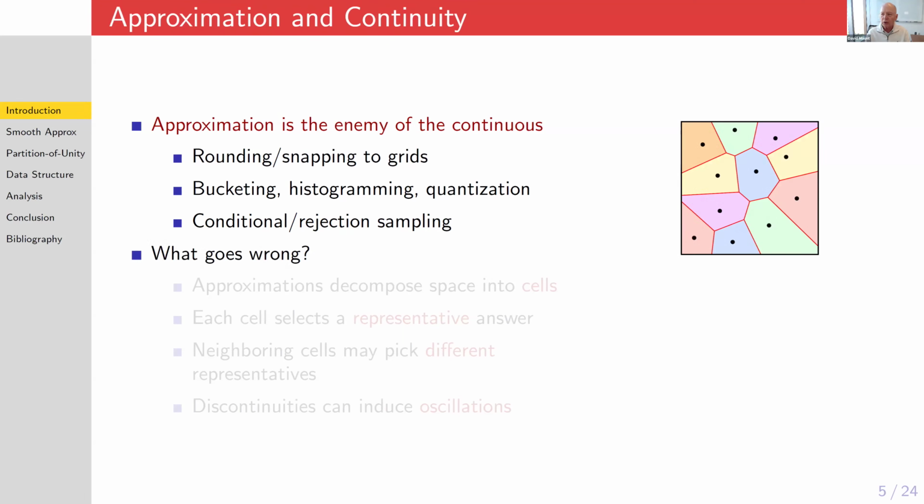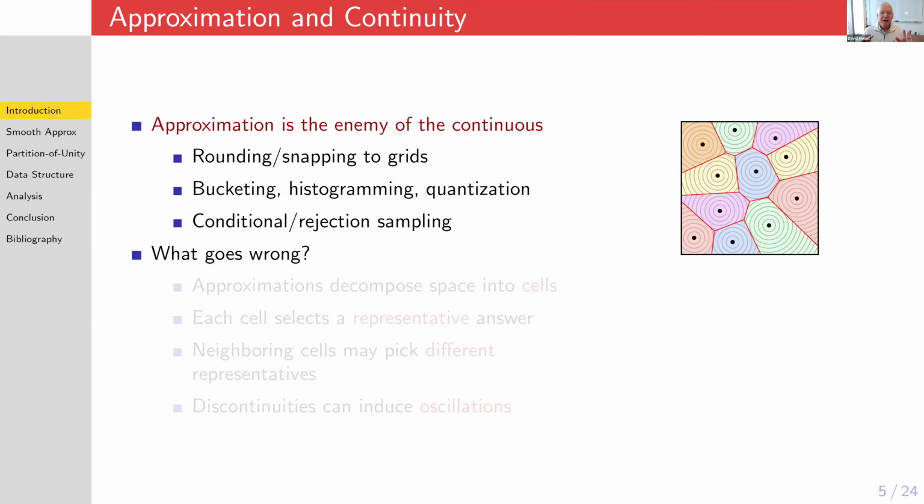So let me give an example of what goes wrong, from the perspective of my favorite topic, which is nearest neighbor searching. If you think about the notion of a Voronoi diagram, let me think in terms now not of identifying the nearest neighbor, which is a discrete problem, but the distance to the nearest neighbor. I can't really draw this very well, but my little circles here are to suggest that this is a topographical map.